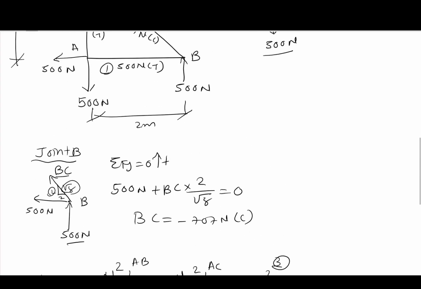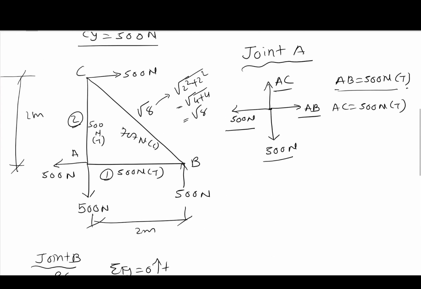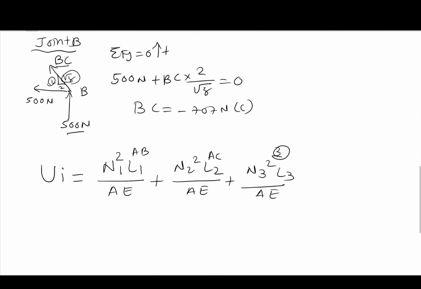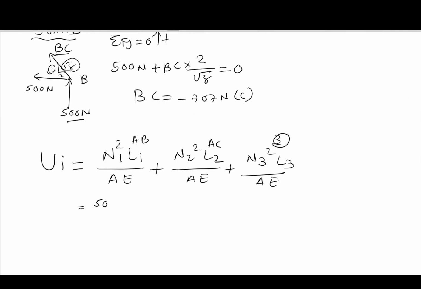In this case N1, which is member 1, is 500 Newton, so 500 squared times the length, 2 meters, over AE.